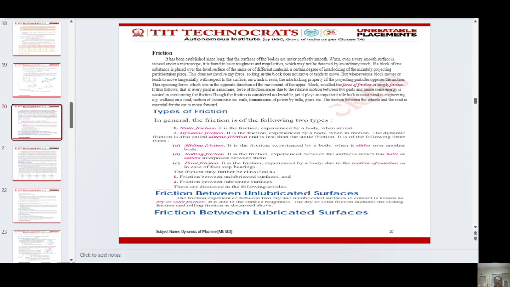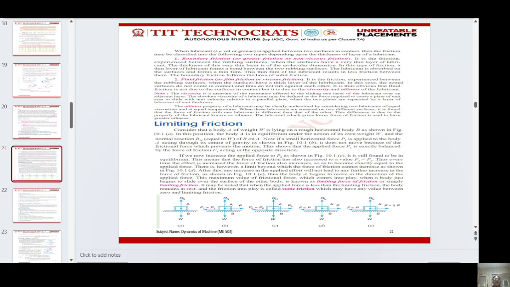Friction between lubricated surfaces: when lubricant is applied between the two surfaces in contact, the friction may be classified into the following two types: boundary friction, also known as greasy friction or non-viscous friction, and fluid friction or film friction, also known as viscous friction.